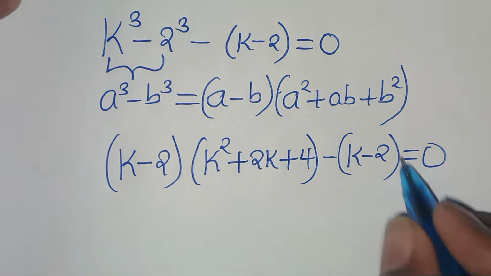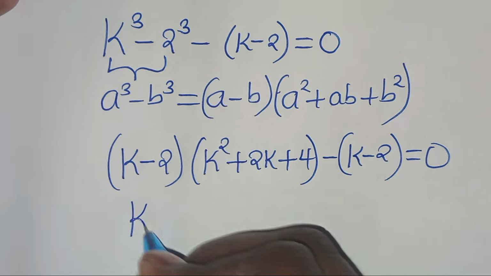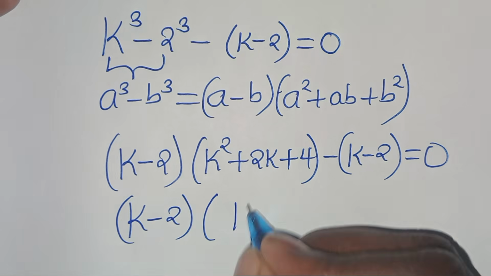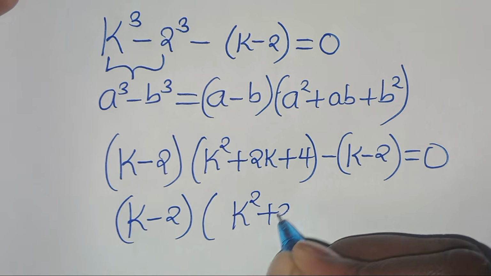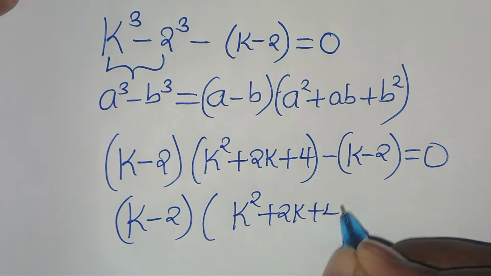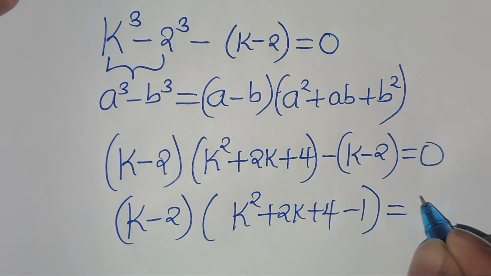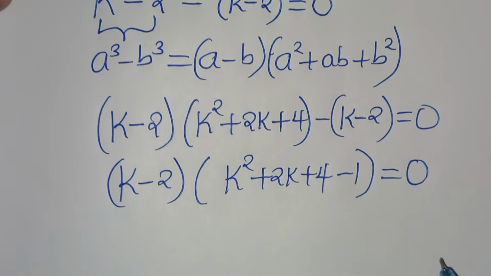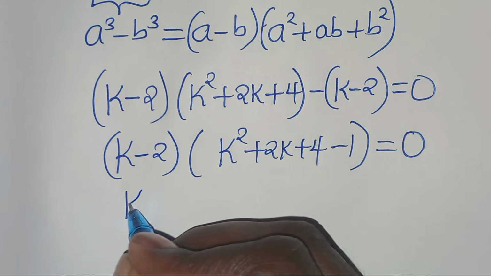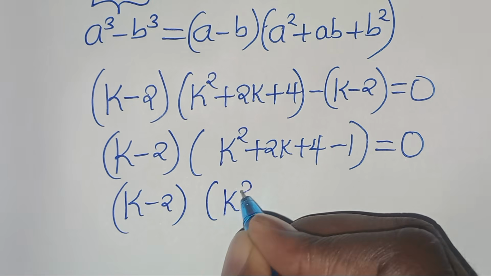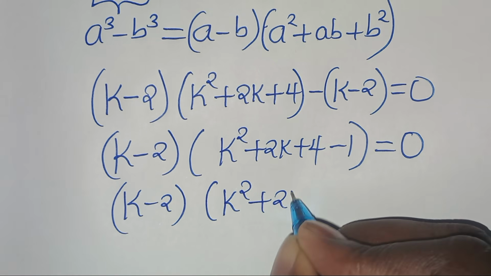k minus 2 is common here, so we can factor out k minus 2, so that here we have k to the power of 2 plus 2k plus 4, then minus 1, close the parentheses, this is equal to 0. So we have k subtract 2, times k to the power of 2, then plus 2k.